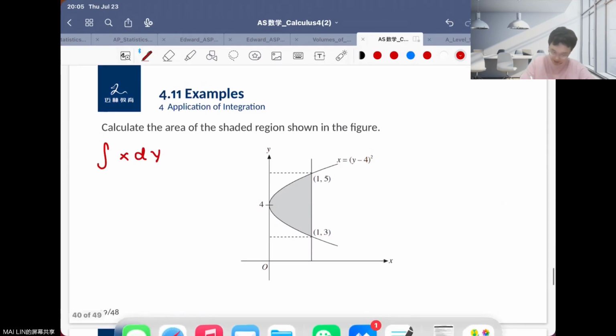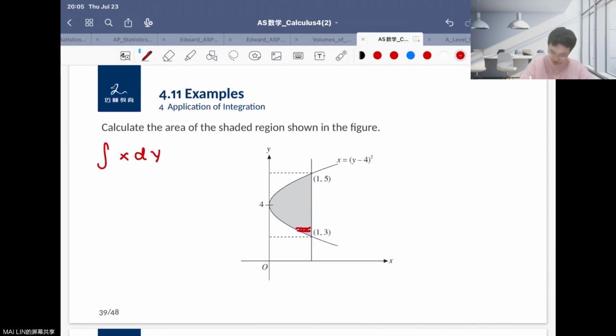Consider a rectangle here, where the width is x and the height is dy. There is a little difference, though: x at this point represents this kind of rectangle, this is dy and this is x. So we're not calculating the shaded area, but only the white area. So x dy is also f(y) dy.